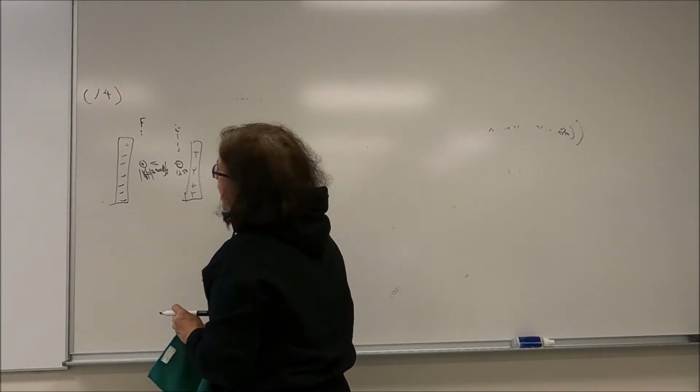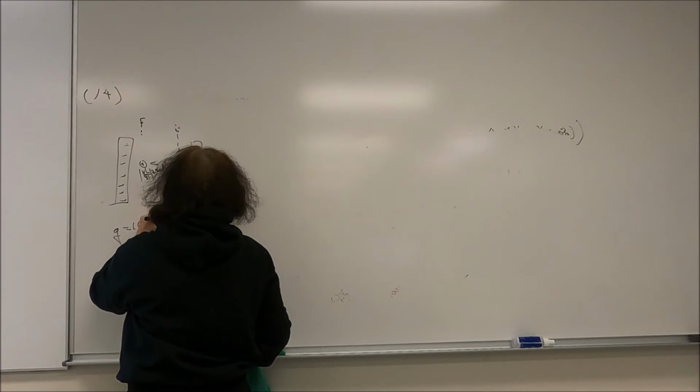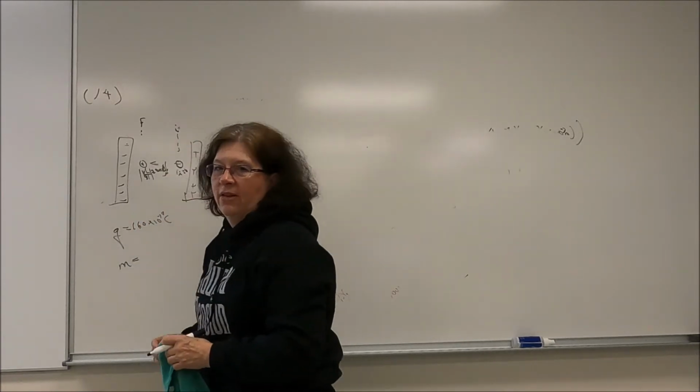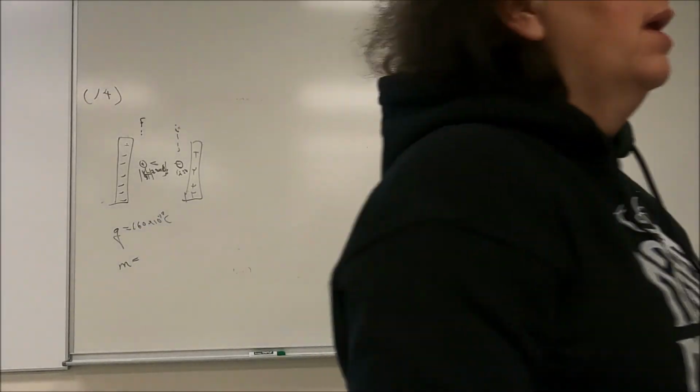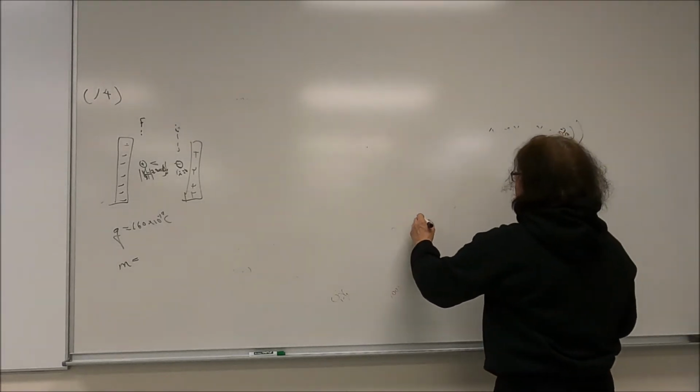And we know that our charge Q is 1.60 times 10 to the minus 19 coulombs, and its mass is 4 AMUs, so let's see, 4 grams. We figure out the mass here real quick.